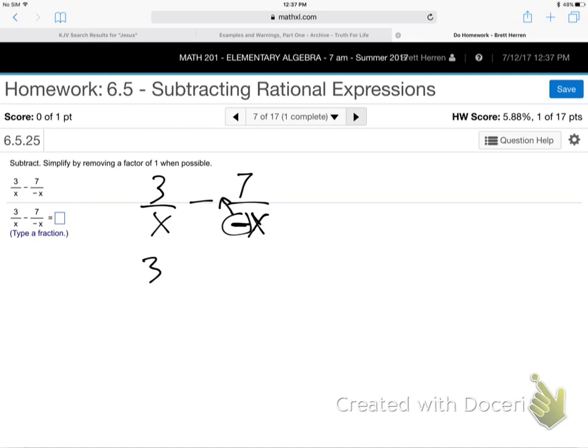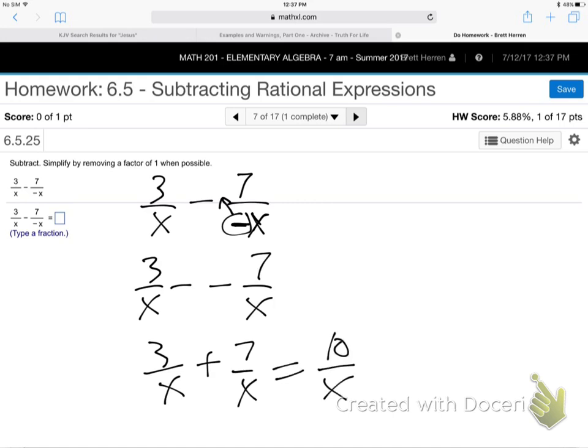Remember, minuses in the top or bottom or wherever can just come to the front. So I can pull that minus to the front, and then it hits the other minus that's already out there. Then it's plus, isn't it? So the answer is 10 over x, and we're done.